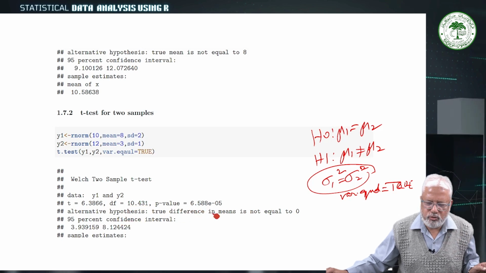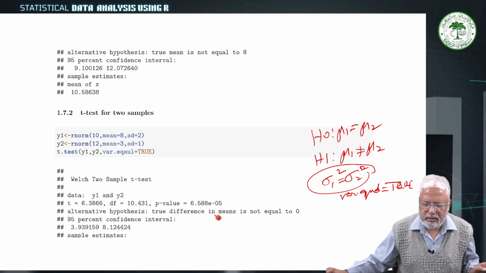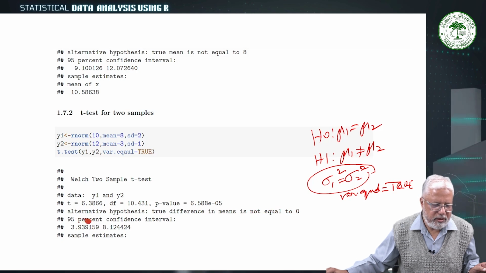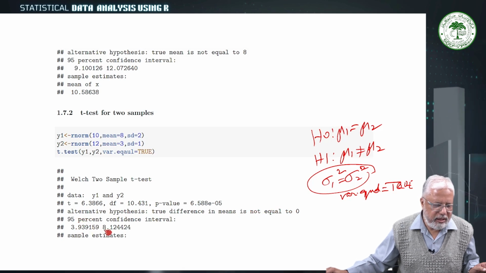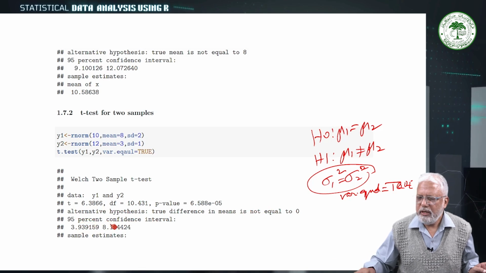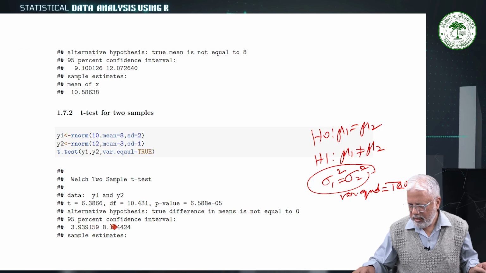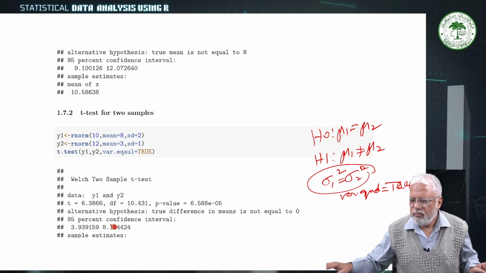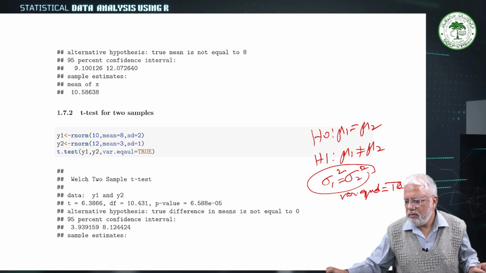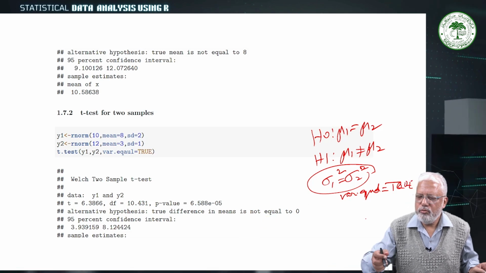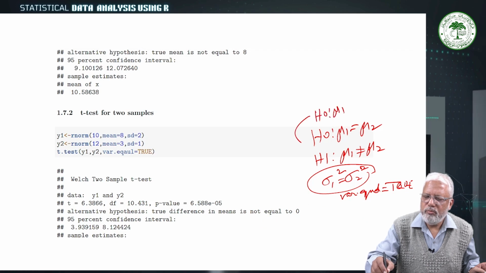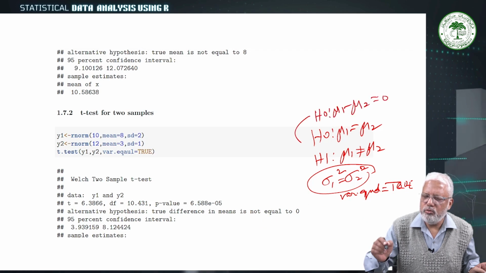The alternative hypothesis is true difference in means is not equal to 0. So there is a significant difference. The 95% confidence interval does not contain 0, so that means our H0 is being rejected, because H0 mu1 equal to mu2 is equivalent to H0 mu1 minus mu2 equal to 0.